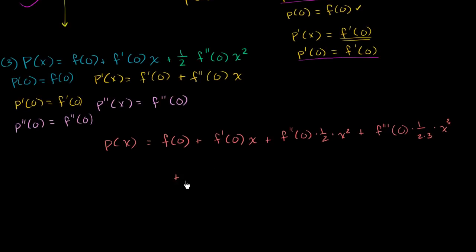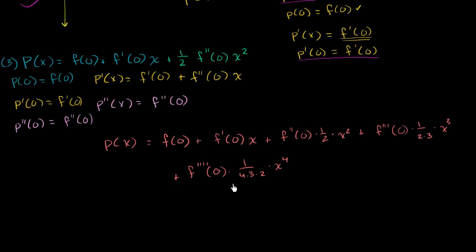Plus, if we want to make their fourth derivatives at 0 coincide, it would be the fourth derivative of the function at 0, times 1 over, and I'll change the order. Instead of writing it in increasing order, I'll write it as 4 times 3 times 2, times x to the fourth.